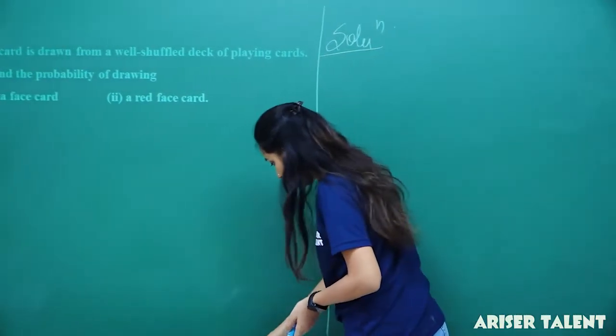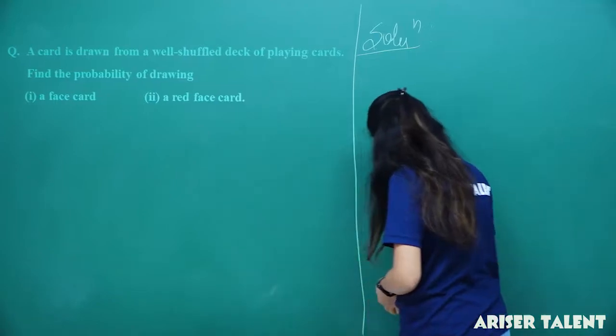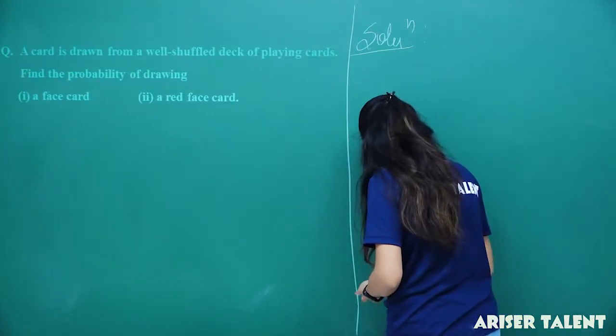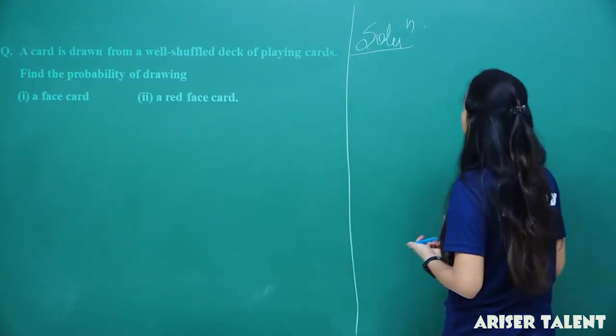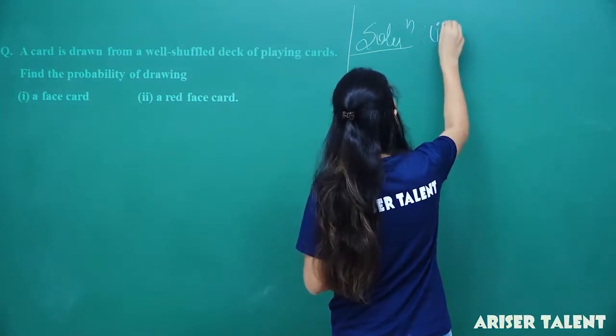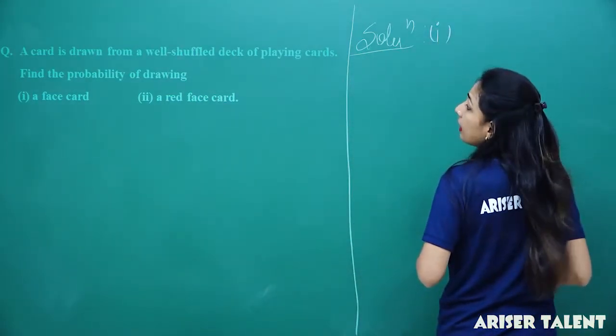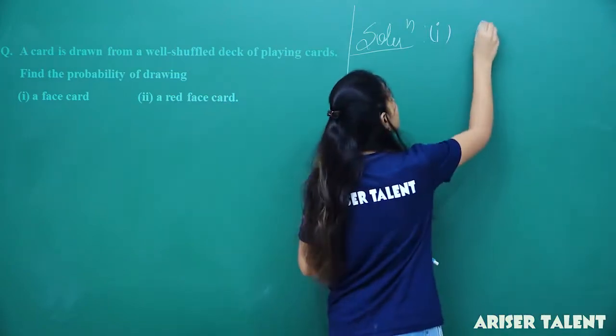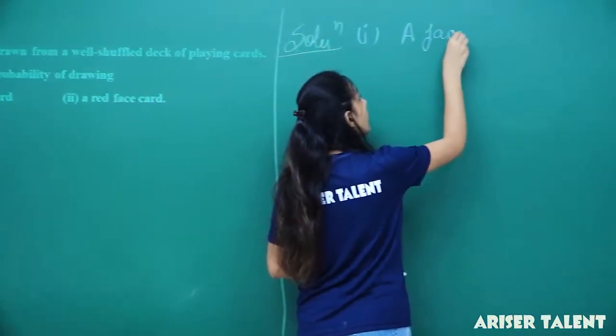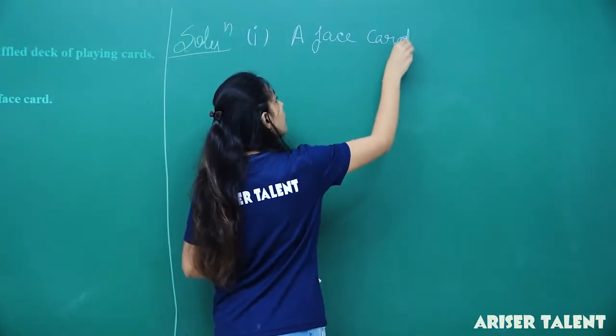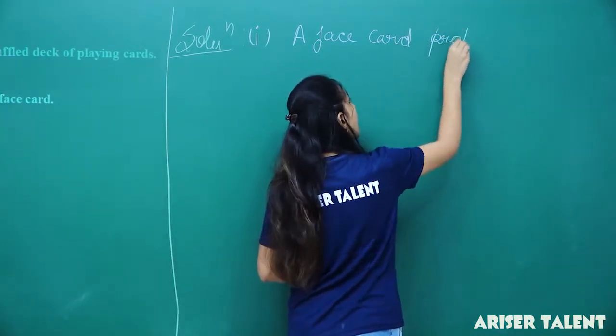So the first one, we'll talk about the first one. Should we? Okay. The first one was what? Face card probability.